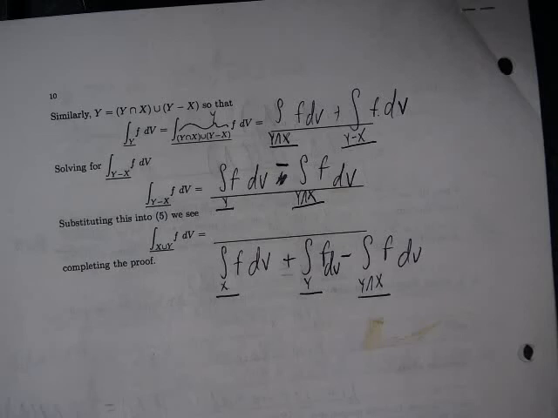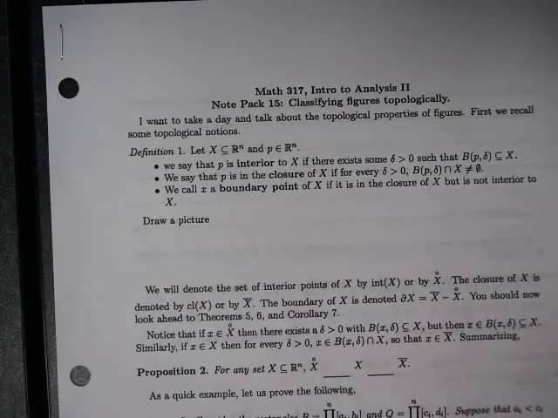But before I do that, I'm going to need just a little bit of topological properties that figures satisfy. So I won't be able to get too far into this document.